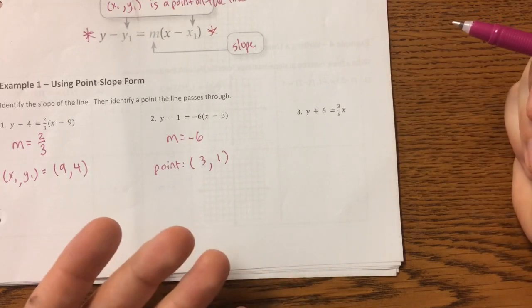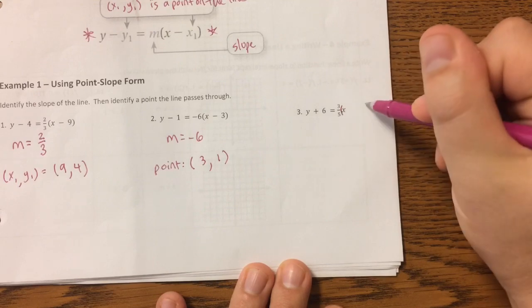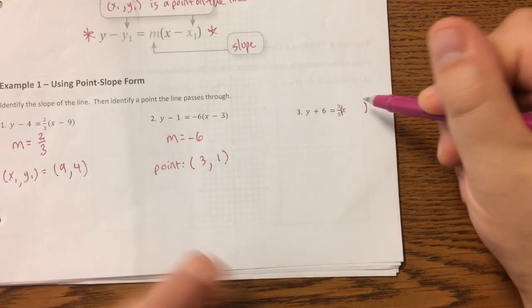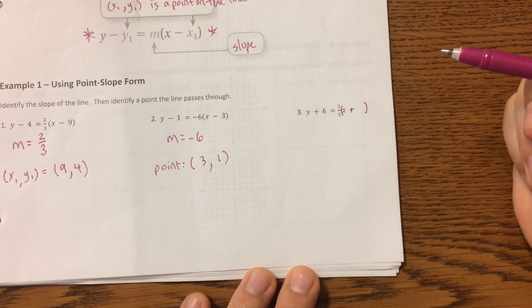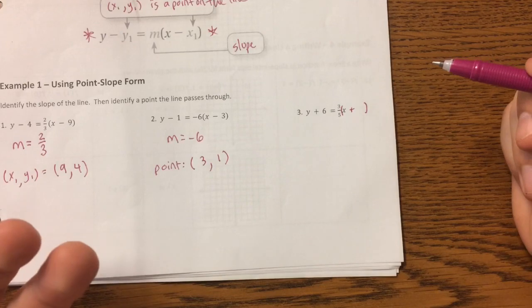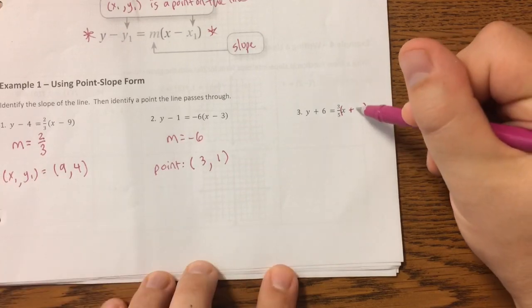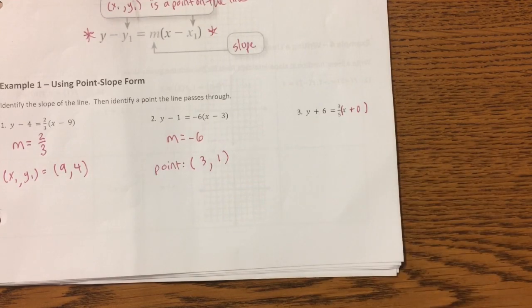You don't see any parentheses here. So if I were to throw in some parentheses here, without changing anything, what would I have to be adding or subtracting here? Like what is the same as not doing anything? You're adding 0, right? Yeah. So if you don't see parentheses there and it looks like it's set up for point-slope form, then that x1 is just going to be 0.